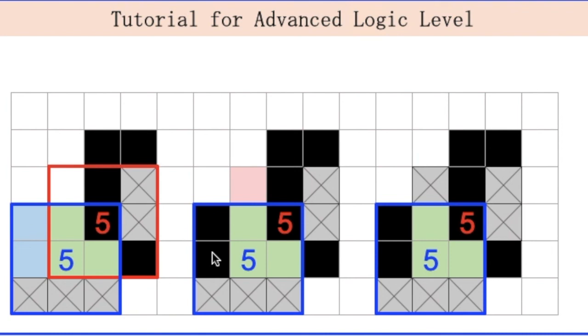Okay, so just to summarize, first thing, go from the smaller number to the larger number. If the numbers are the same, then go from the number that has more black spaces in the surrounding area. And fill in the others.